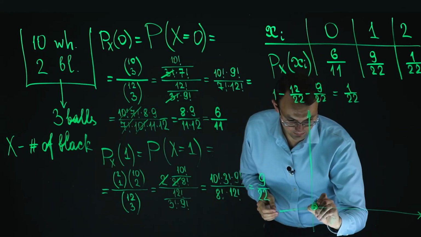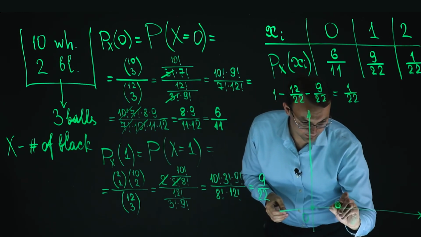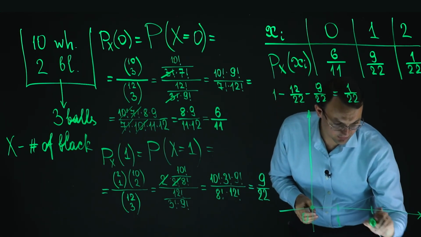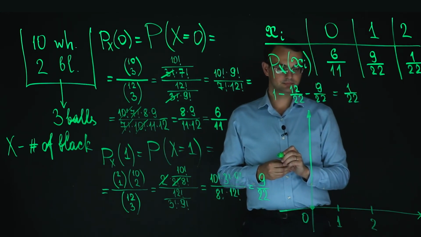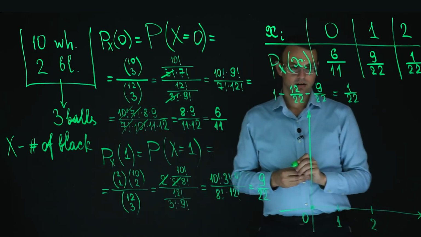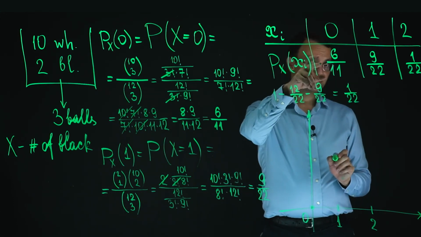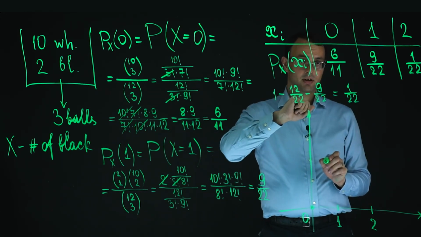So 0, 1, and 2. The height of each stair is equal to the respective probability.